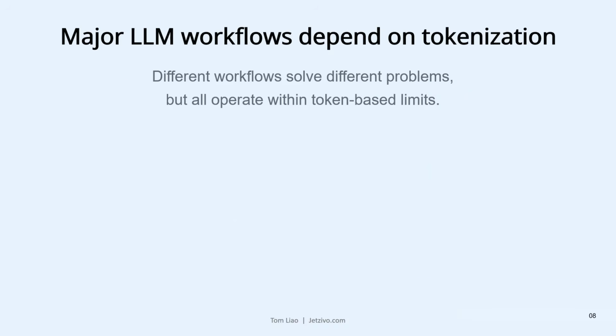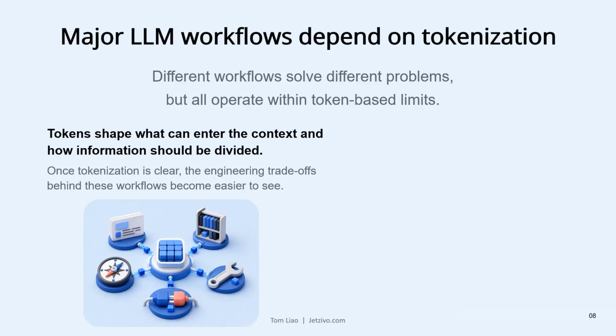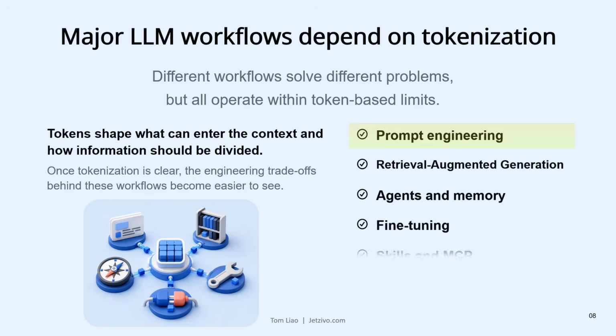Once we understand tokenization, many other generative AI concepts become easier to explain. In prompt engineering, we balance useful information against the available token budget. In retrieval-augmented generation, documents should be divided using both meaningful boundaries and token limits rather than character count alone.